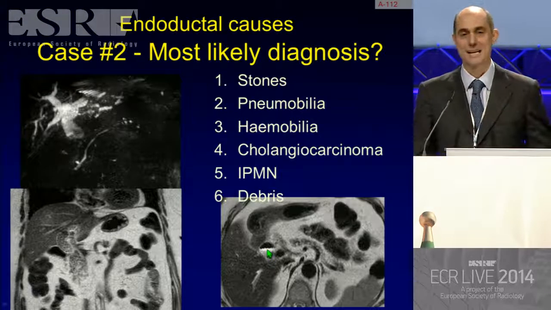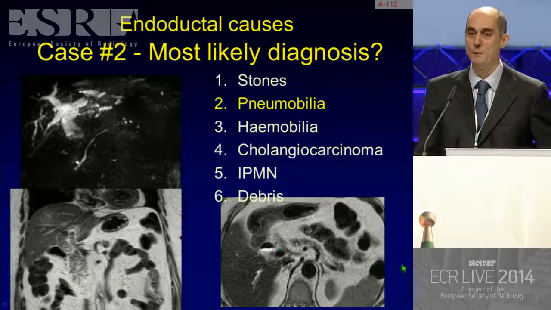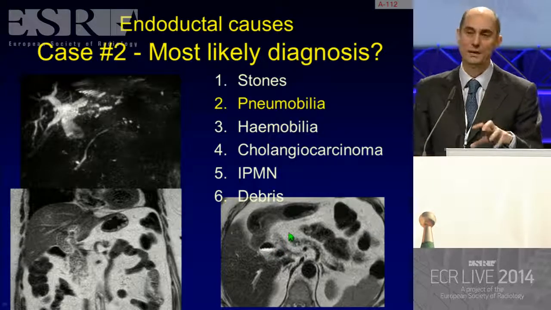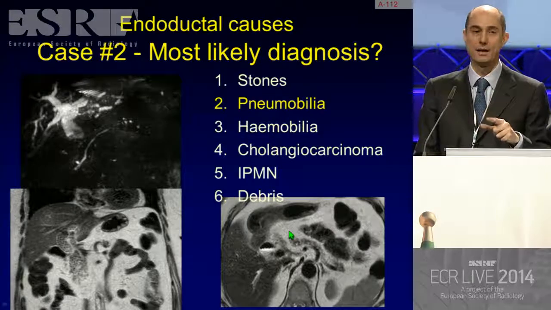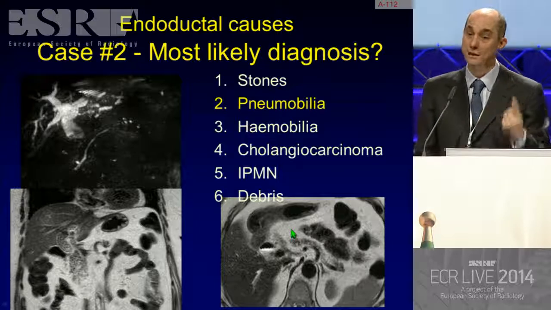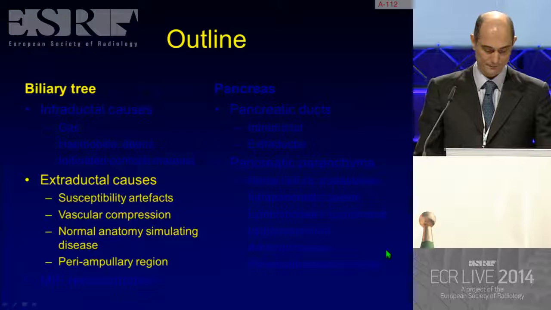Now the diagnosis, I hope it's easy, because this is a case of pneumobilia. Obviously, without the image that lets us understand which is the dependent and which is the non-dependent wall of the bile duct, it might be very difficult.